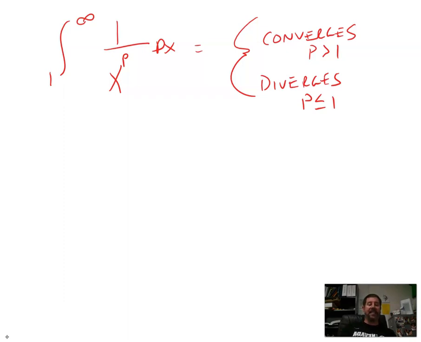If the p is less than or equal to 1, I then know that it will diverge. And if it does converge, I actually even have a formula. 1 over p minus 1 will be what it's going to converge to. So like 1 over x squared converged just as we showed to 1, because 1 over 2 minus 1 is 1. All right? So quick little rule.